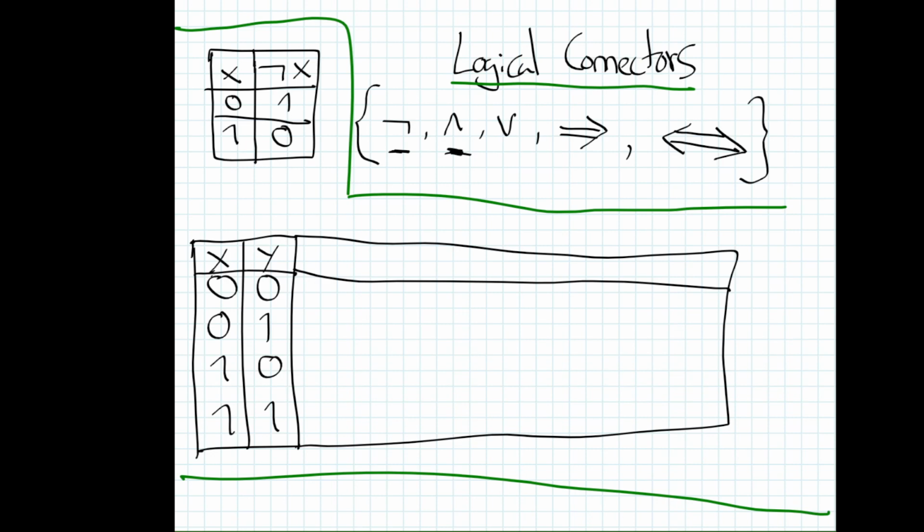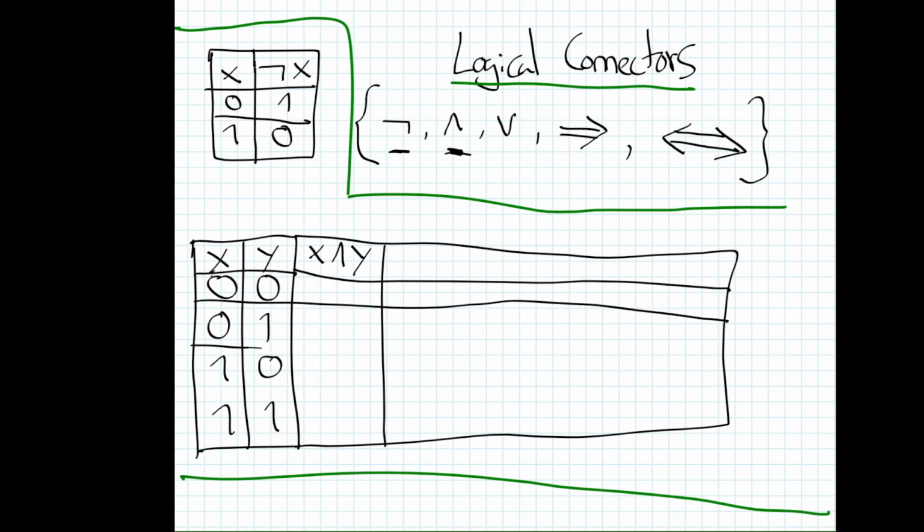How will the behavior of the connector conjunction be? So if we have x and y, right? X conjunction y. What will the defined behavior be like?